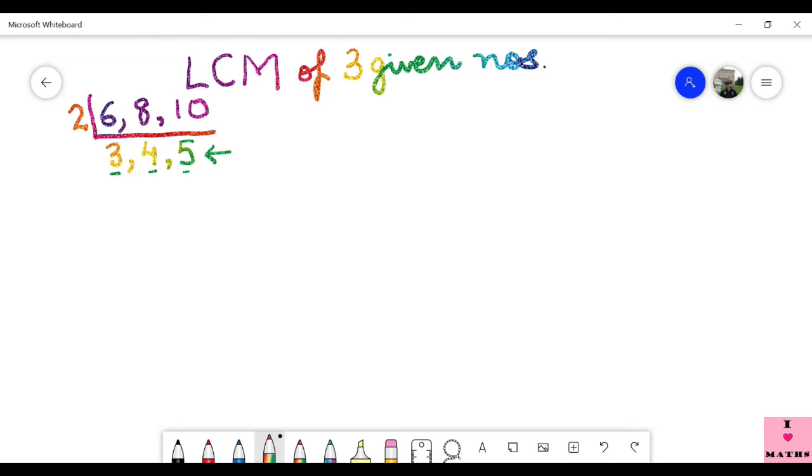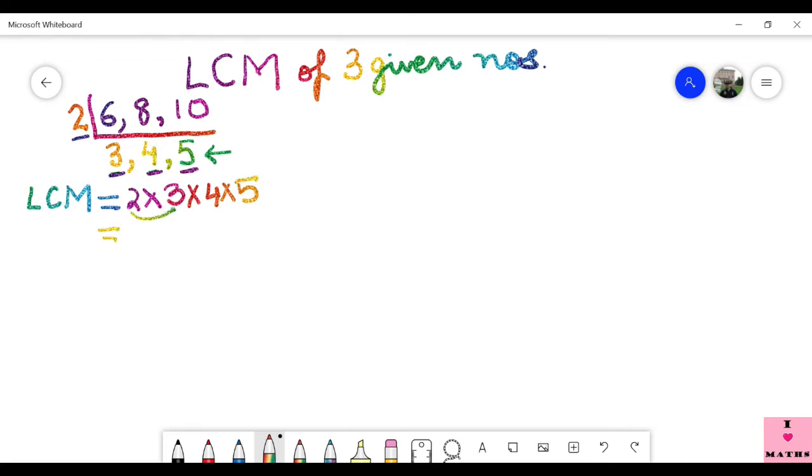So our sum is over. And now we will calculate the LCM. And how we are going to do that? We will multiply the numbers which are outside the L and which are forming another L. 2 multiplied by 3 multiplied by 4 multiplied by 5.